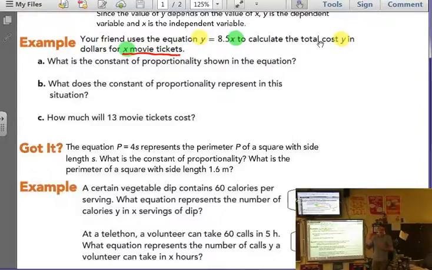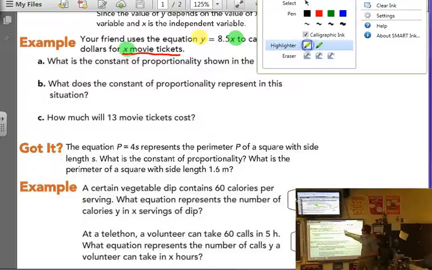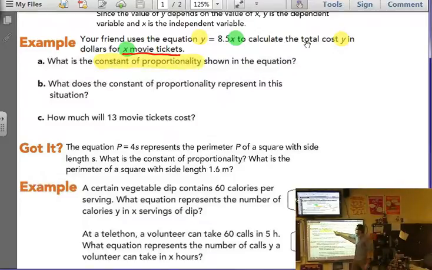I don't know how many movie tickets I'm going to buy yet, but I do know something else about the situation. Hayden? Y is going to be my final price. Guys, we're asking for the constant of proportionality. Look back at the top thing that we just highlighted. It's the 8.5 because it's the value that multiplies by your x. The constant of proportionality is whatever multiplies by your x.